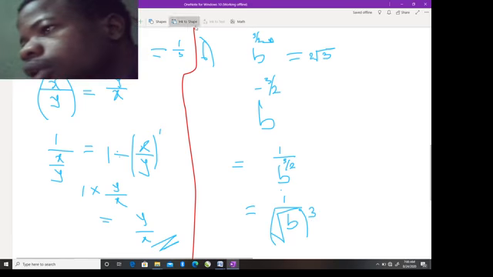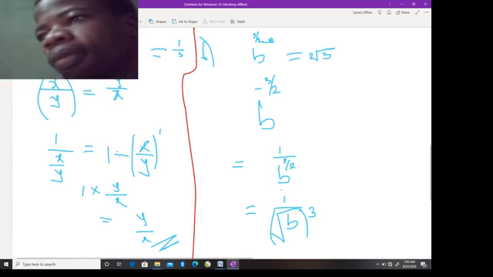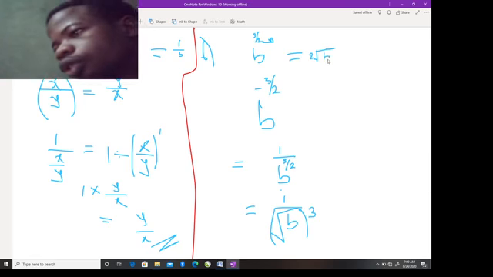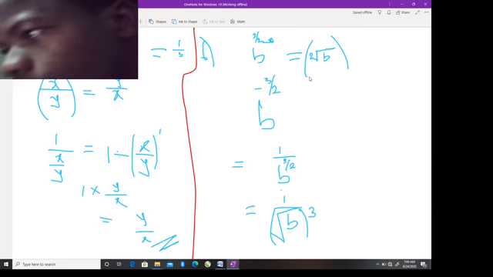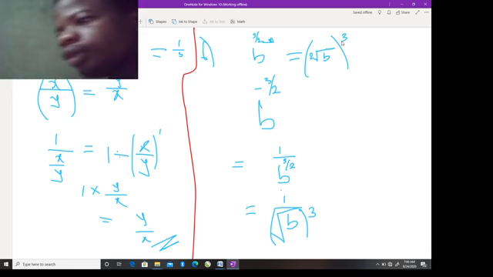So I think something was wrong here. I was saying this but actually wrote something else. So that is what you should have here, raised to the power of 3.